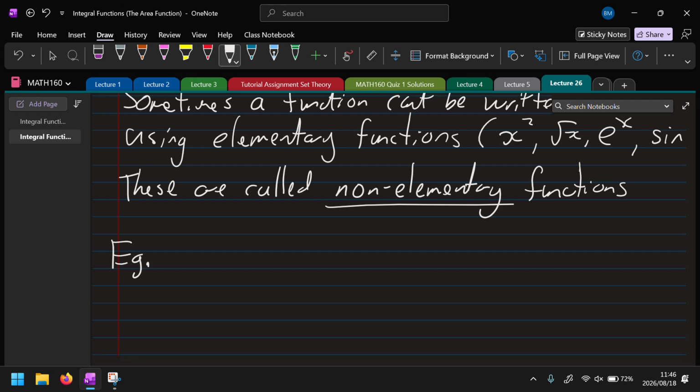The first one is called the error function. Funny name, but it's just a function.